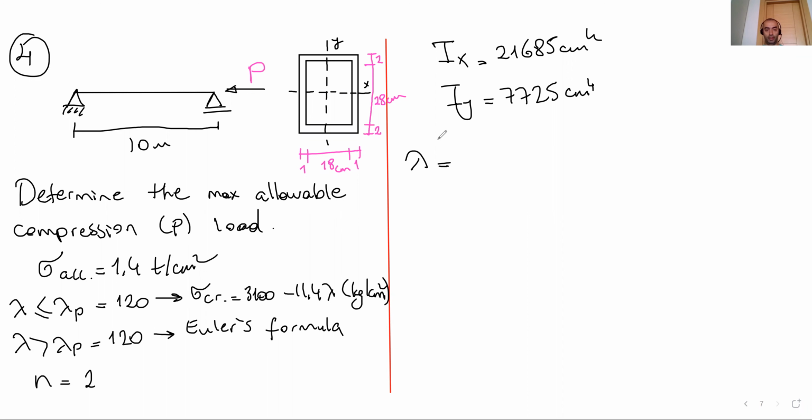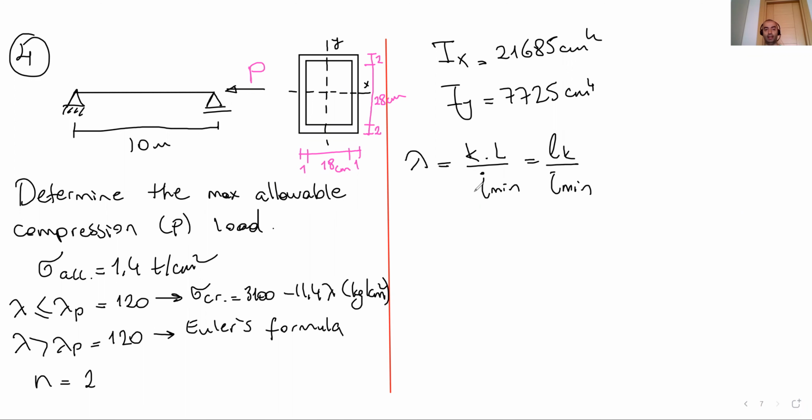So here, let's have a look at the structural system. K is the buckling length coefficient, the length of the member, or LK over i min. What is the LK here?